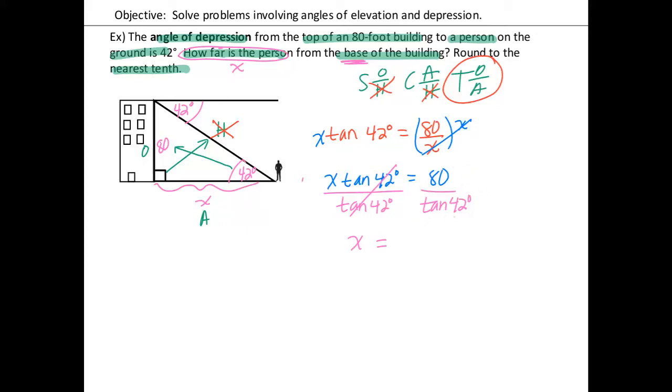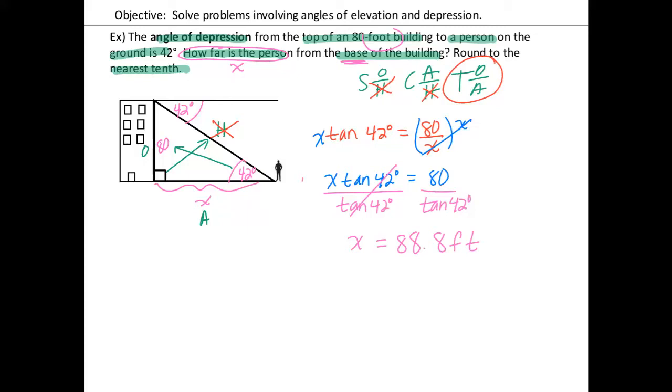On your calculator, you're going to do 80 divided by tangent 42 degrees, which is going to equal roughly 88.8. Our units are going to be in feet: 88.8 feet.